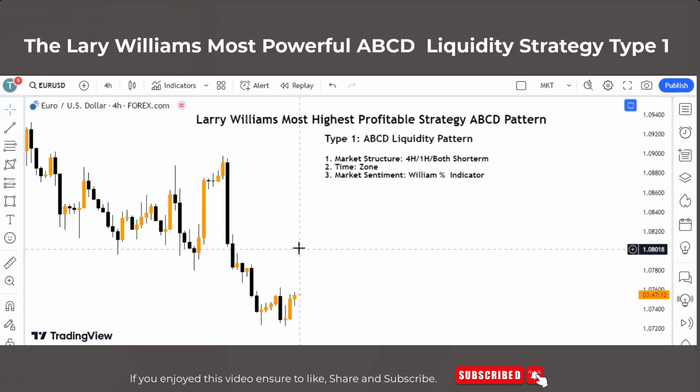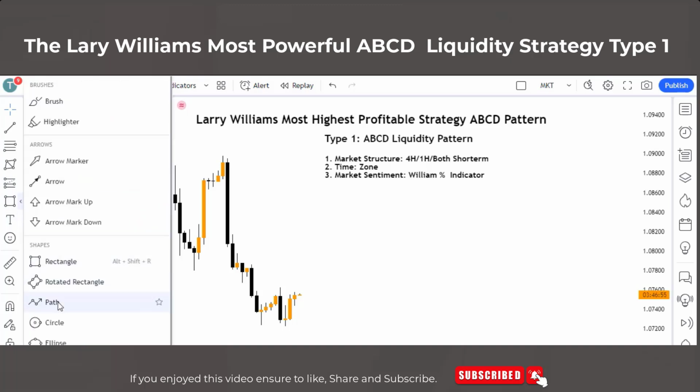Now, first of all, when we look at this type 1 ABCD liquidity pattern, we are looking for 4-hour short-term highs and lows. How is it possible?